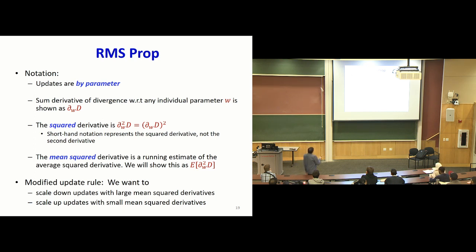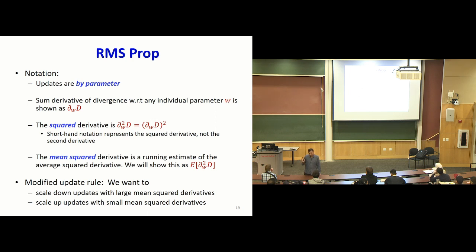So you maintain here some notation. When I use this partial subscript w, that represents the derivative with respect to w. And when I write the partial squared, ∂²w, this is not the second derivative, this is the square of the derivative, just to give you an idea of the notation I'm using.